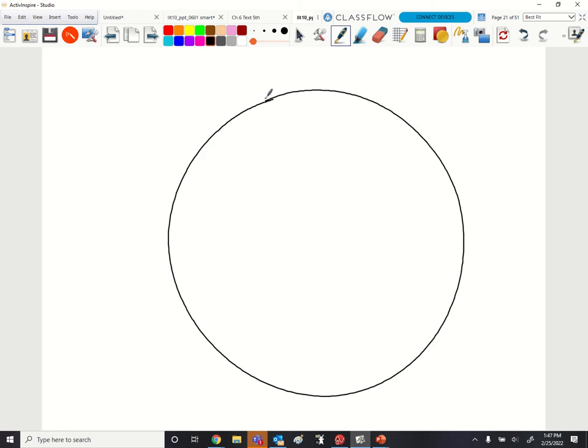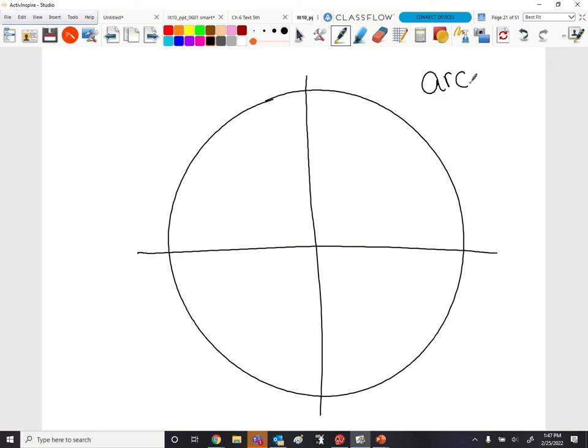All right. Which one was it? Okay. This one is arc cosine. And my arc cosine goes from 0 to pi.